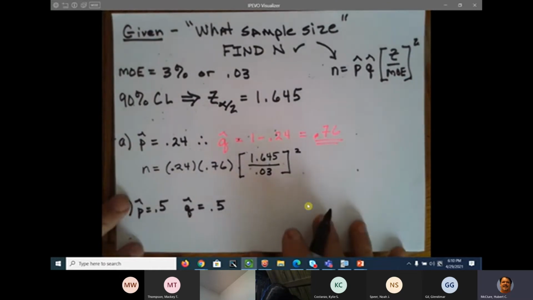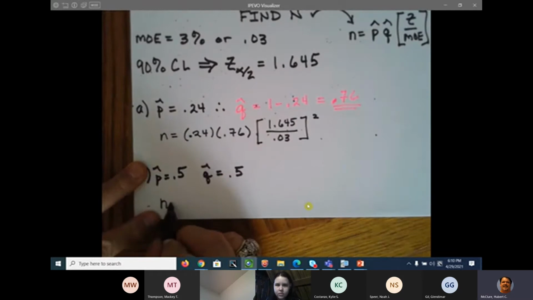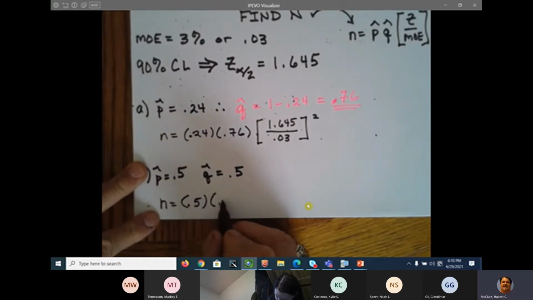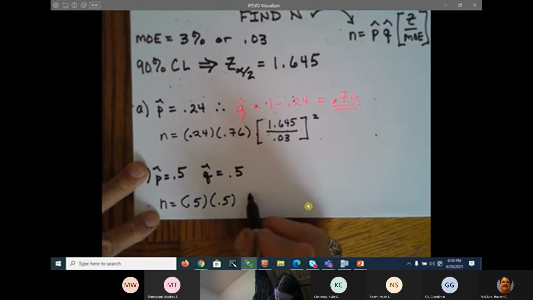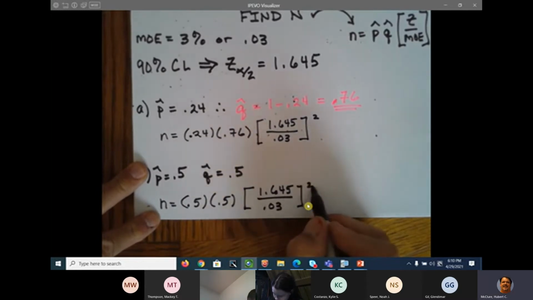And B is going to be N is equal to 0.5 times 0.5 times, in brackets, 1.645 divided by 0.03, raised to the second power.